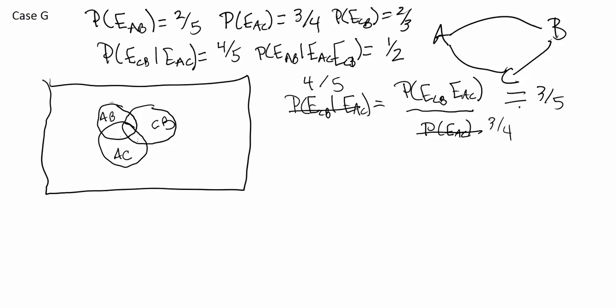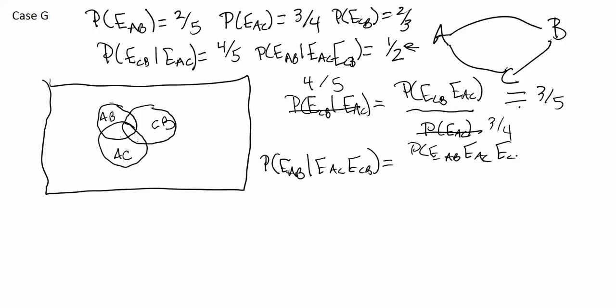But I also need to know what's the probability that all three roads are open, and we can get that out of this second conditional probability definition. We're given that the probability of event AB given event AC and event CB is equal to, by the definition of conditional probability, the probability that we're in all three, AB, event AC, event CB, divided by probability of event AC and event CB, which we just calculated.